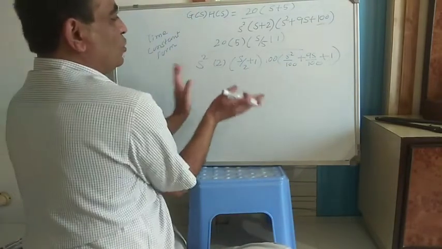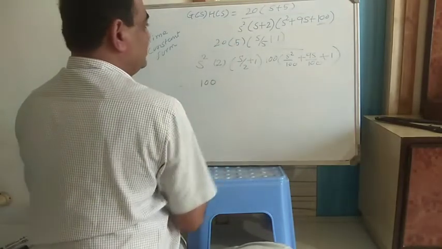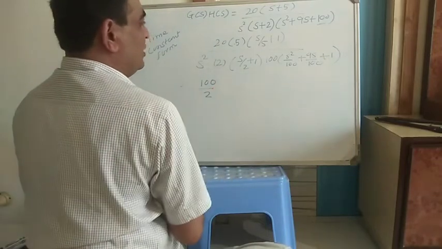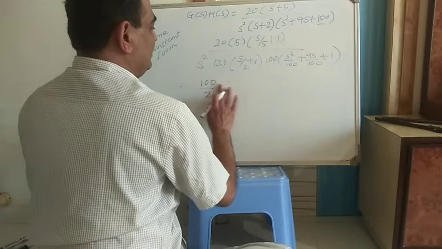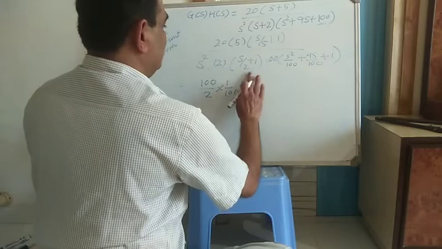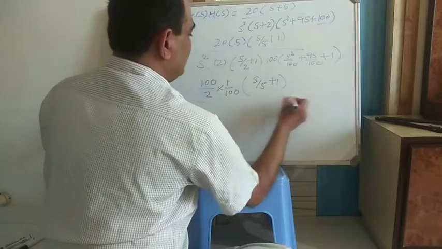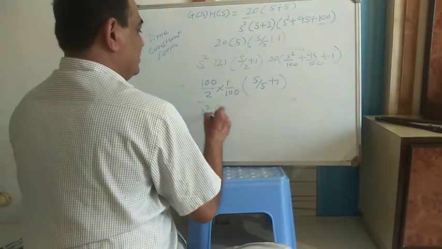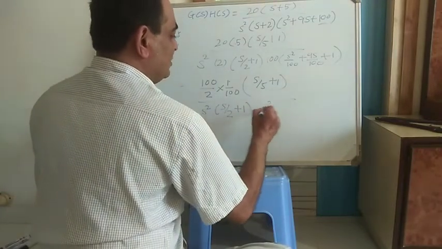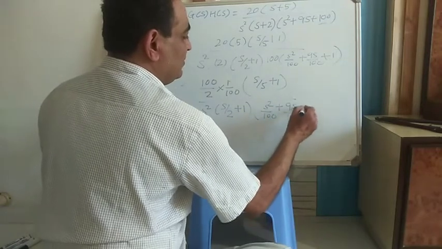So now if I take the constant in the upper, then this is nothing but 20 into 5 is 100, multiplied by divided by 2, also divided by 100. So this is (s by 5 plus 1) divided by s square (s by 2 plus 1) (s square by 100 plus 9s by 100 plus 1).